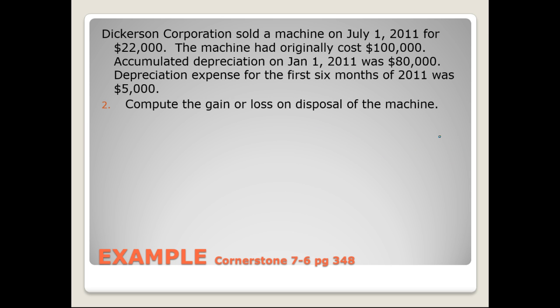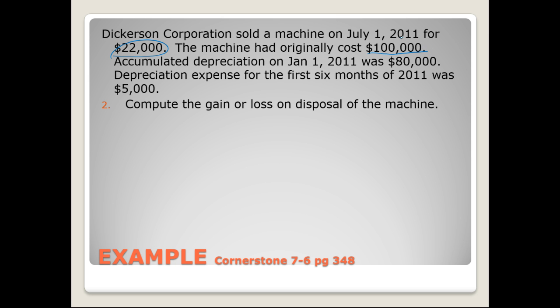Then we need to figure out what is the gain or loss on the sale of this machine. Well, what was the amount the company received for it when they sold it? They sold it for $22,000. So they received $22,000. What was the book value on the books as of July 1st, 2011? Well, we know that the machine originally cost $100,000.